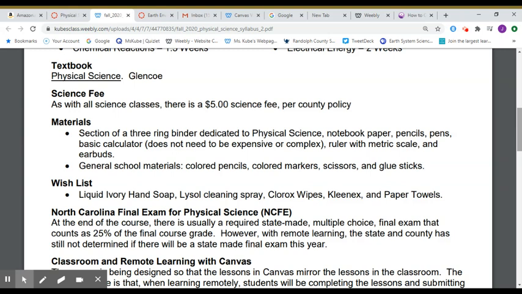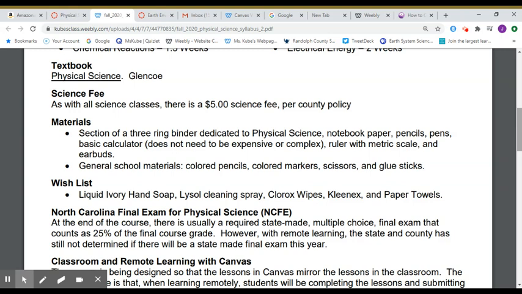It just needs to be able to add, subtract, divide, and multiply. You'll also need a ruler with a metric scale for when we're measuring things. So you have your own ruler, and it needs the metric scale because we work with the metric system in science, right? And so if you get a ruler with just inches, you won't be able to measure as accurately as you can on the metric scale.